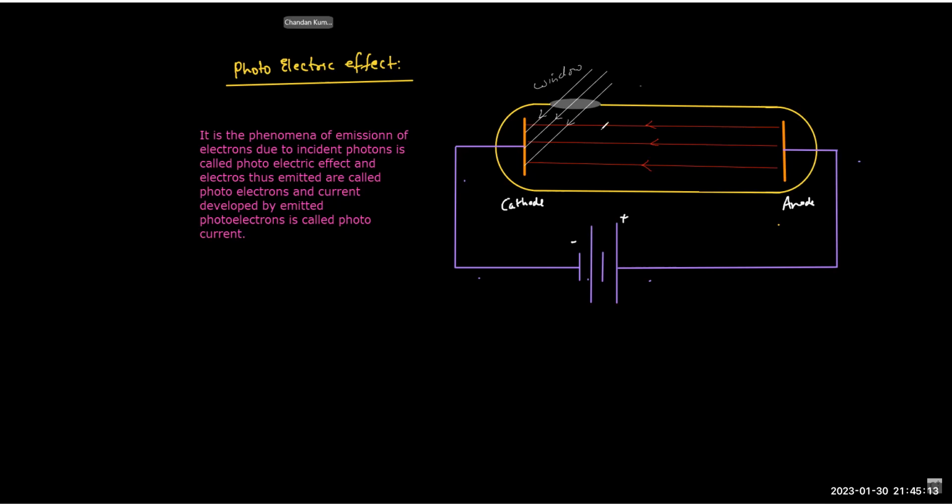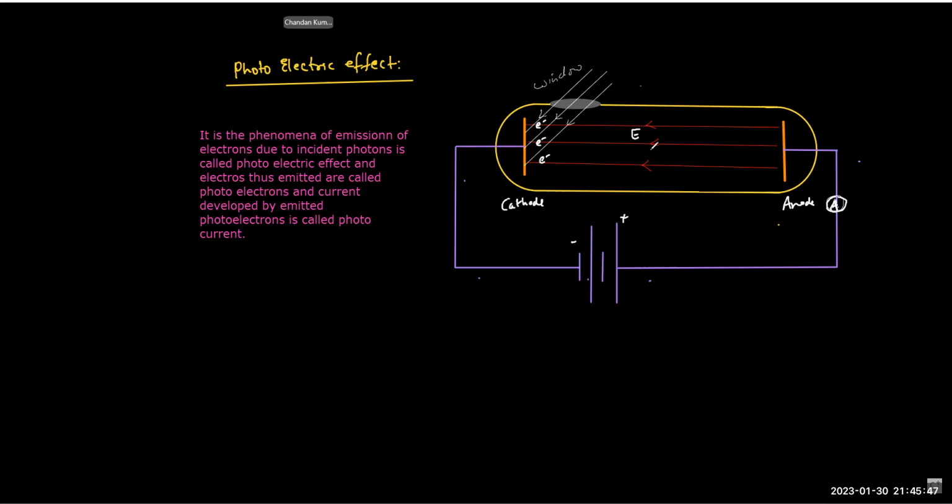Now, what is the essence of this experiment? The essence is that it is not necessary that every photon is capable of ejecting electrons. If I connect an emitter here, the moment you eject some electron, this field which is on the left side will apply force on the right, right?